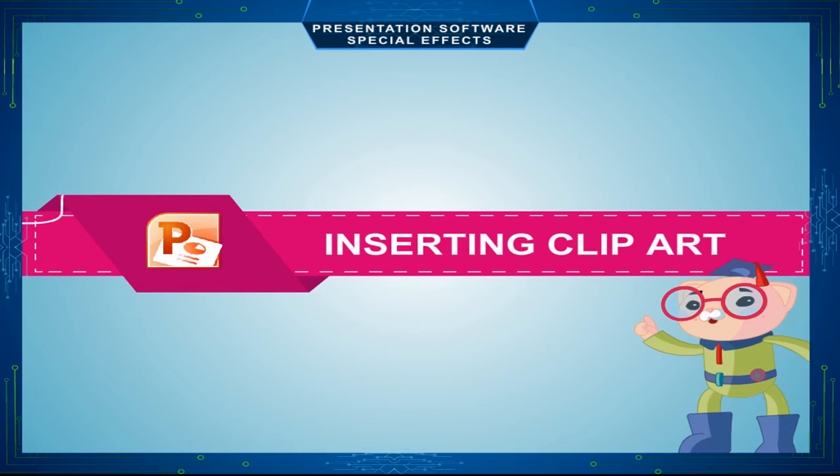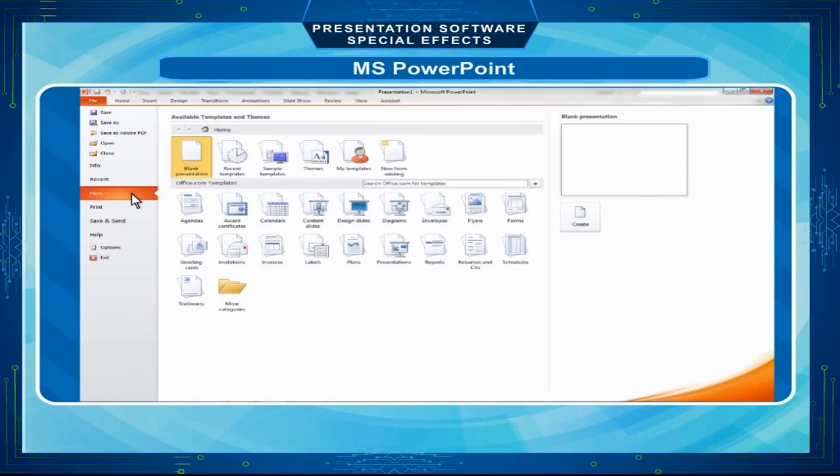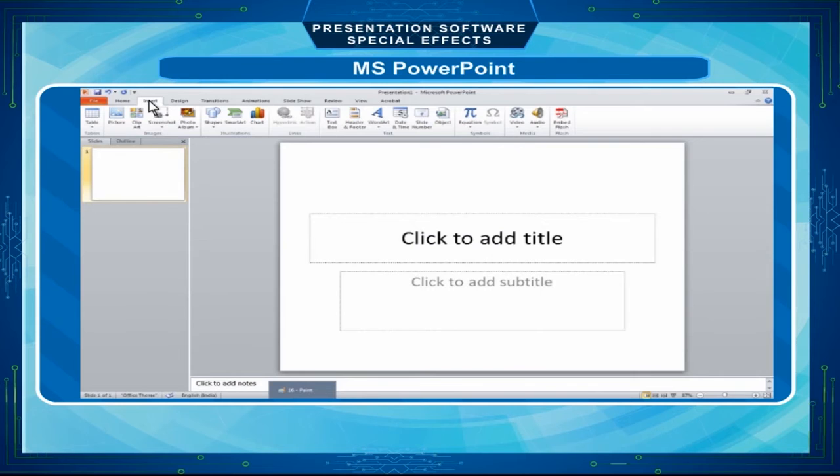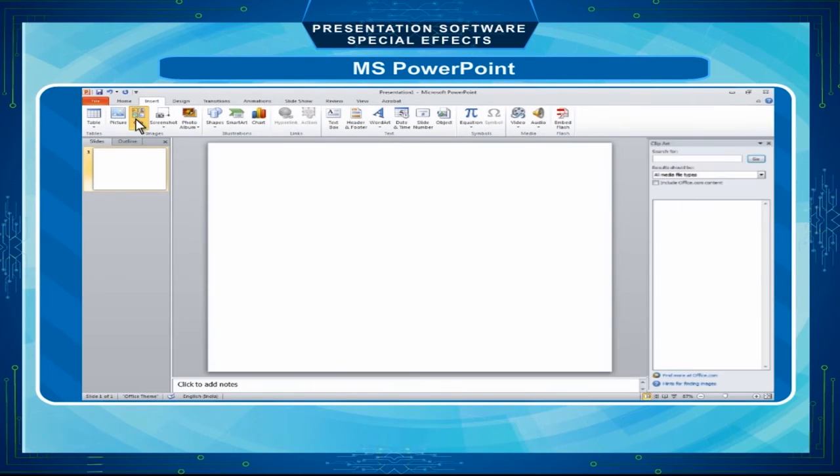Inserting clip art. Clip art is simply a collection of preloaded pictures that are ready to use. Place the cursor where you want to insert the clip art. Click on Insert tab, then click Clip Art button in the Images group. A Clip Art task pane will display.